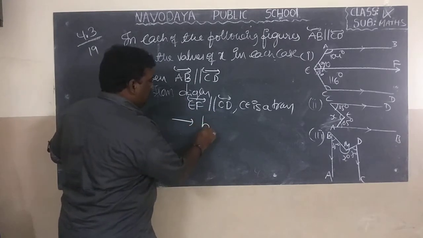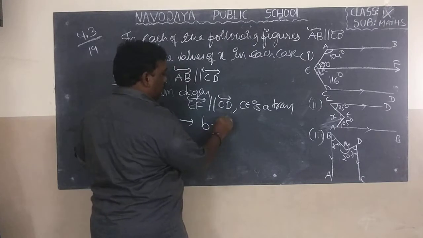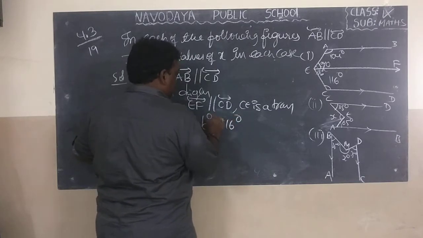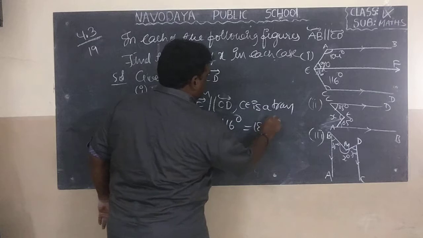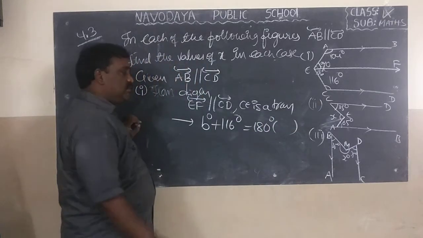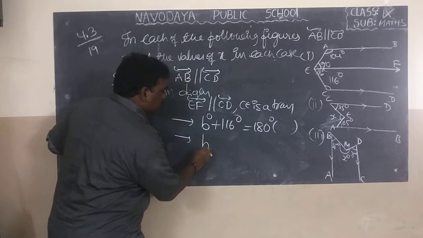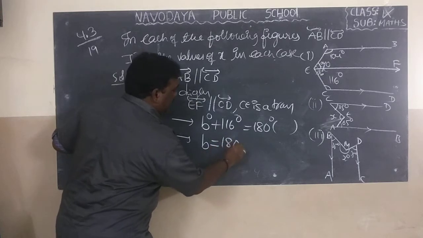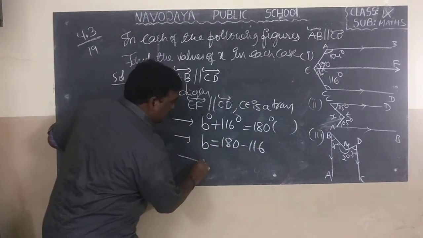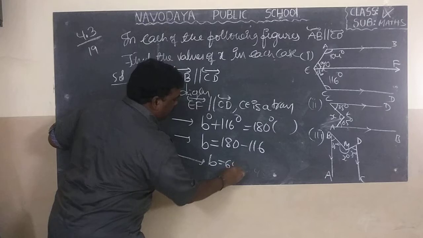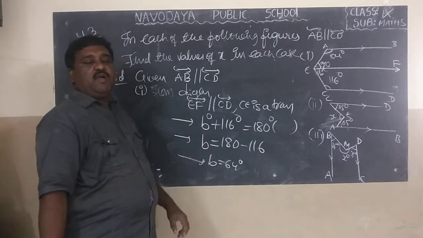Again, b plus 116 equal to 180. Same reason, write the same reason in brackets. 116 is moving, b equal to 180 minus 116. b equal to 64.